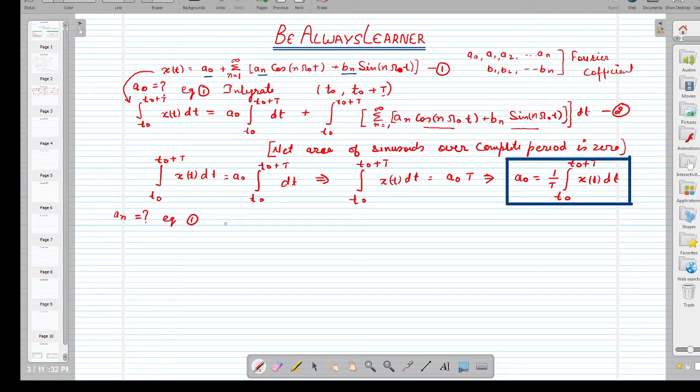We can say the equation number 1 multiplied this equation by cos m omega naught t to simplify it, and after multiplying we have to integrate both sides.